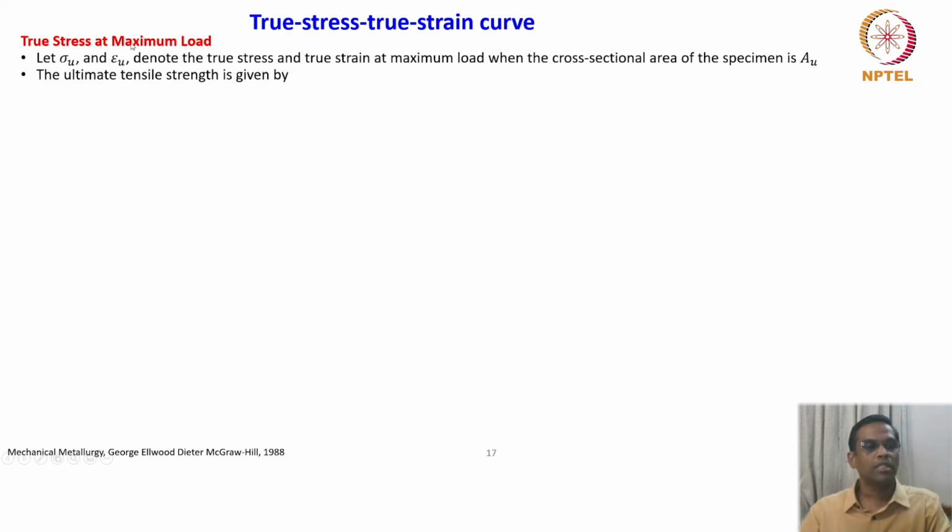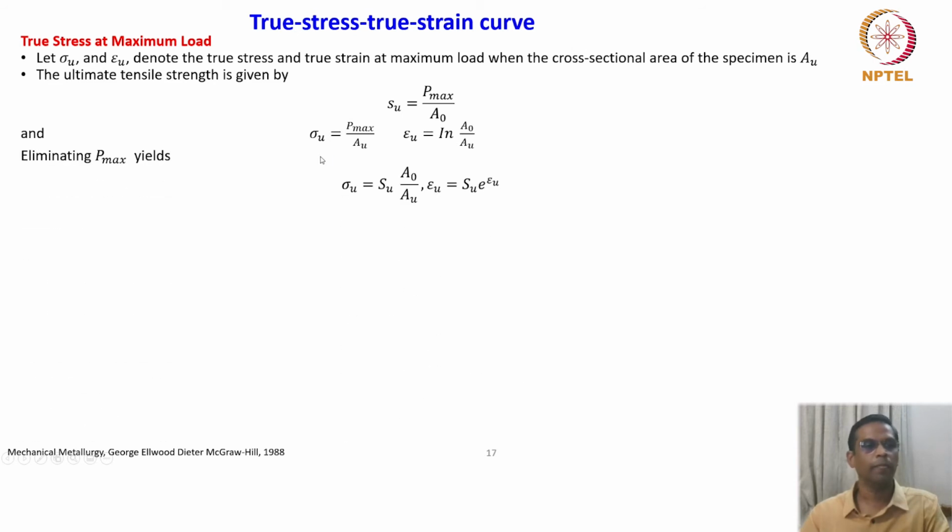So what is true stress at maximum load? This is again very simple substitutions, but we need to know this because all these assumptions are valid up to the maximum load. So you take this expression, sigma U, epsilon U, with respect to the maximum load only.